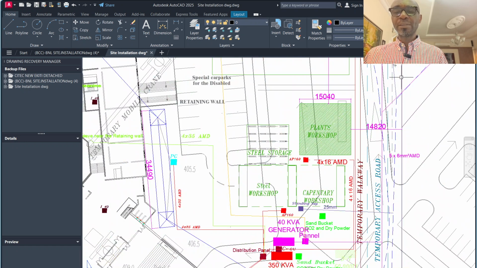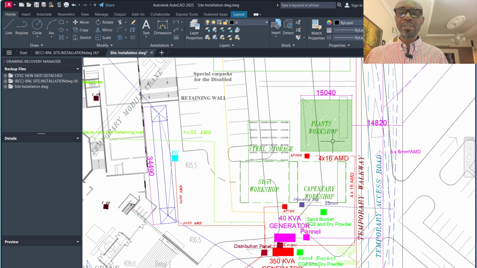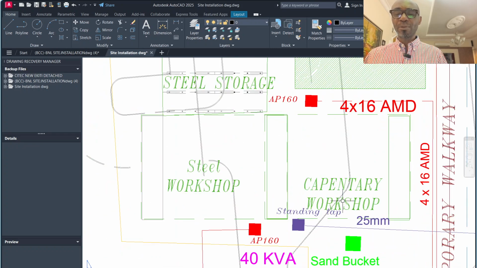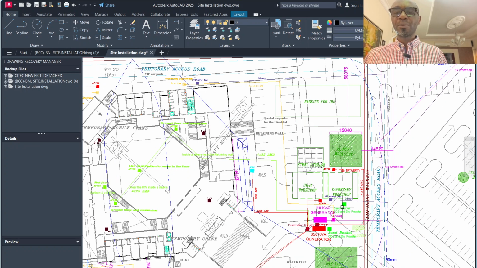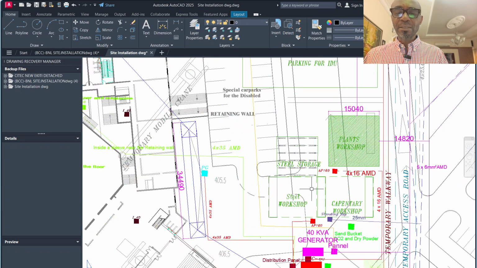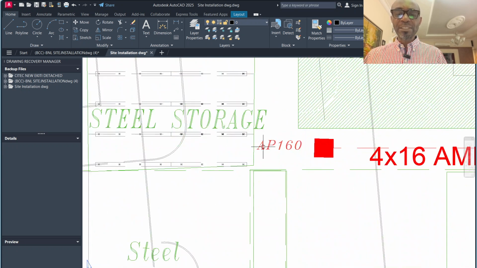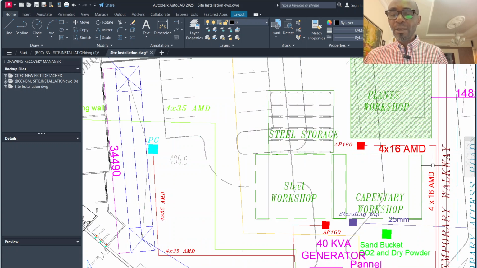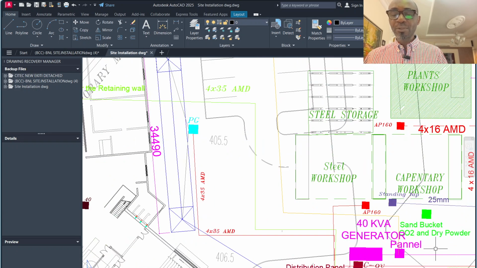You come to this area, you see the plant workshop, the steel storage, you have the steel workshop, you have the carpentry workshop, and the cable that gives them light. All these are panels, sizes of panel. This armored cable brings light to this panel, and it came from the generator.